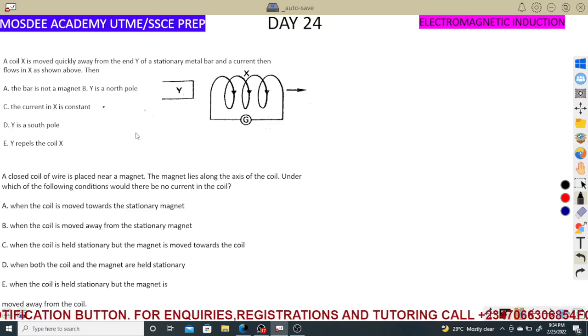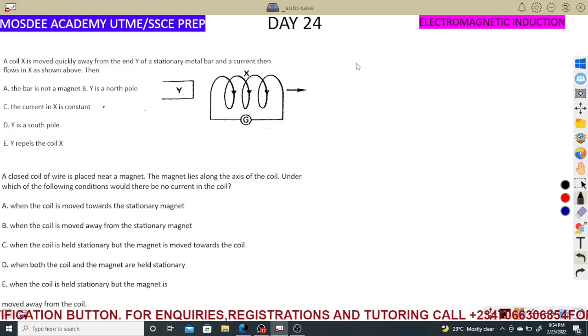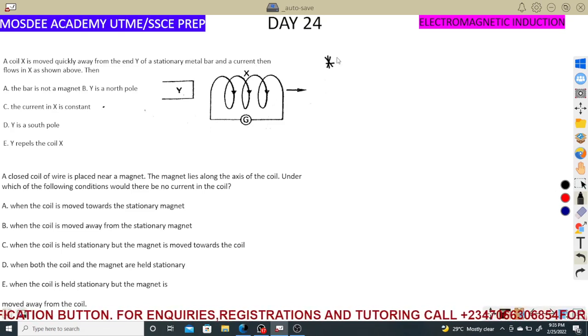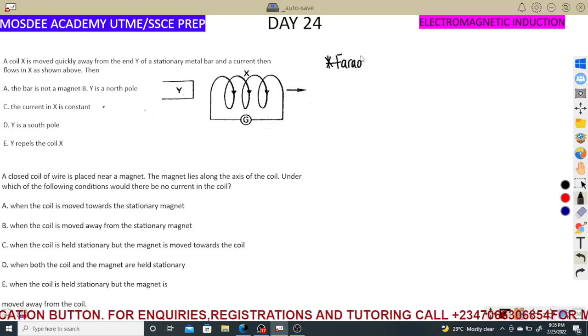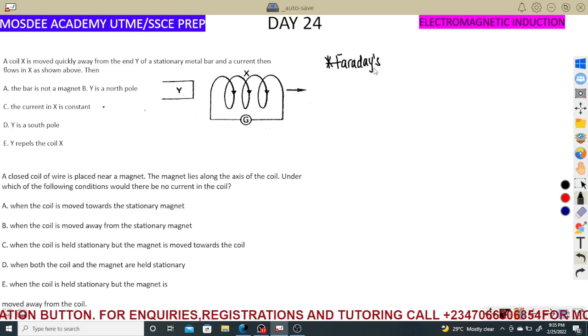To understand this, we must understand what we call the Faraday laws of electromagnetic induction. There are two laws of electromagnetic induction. The first one is called Faraday's law, which is more like Faraday's experiment, which I believe you might have studied.